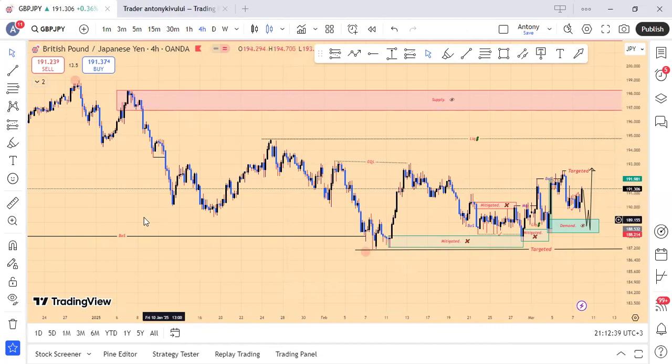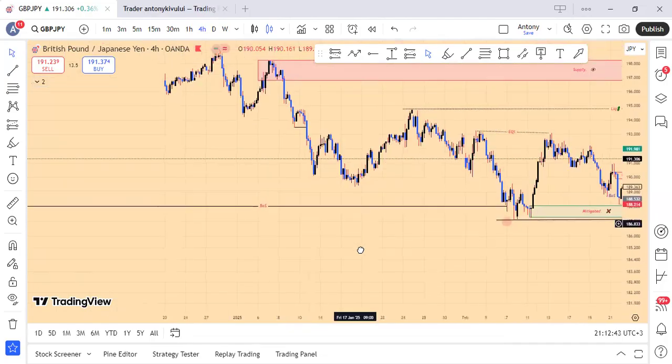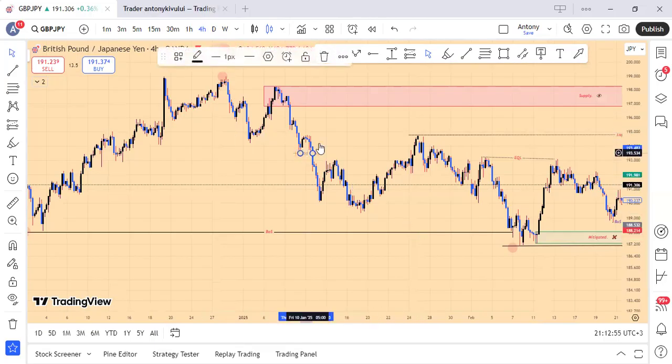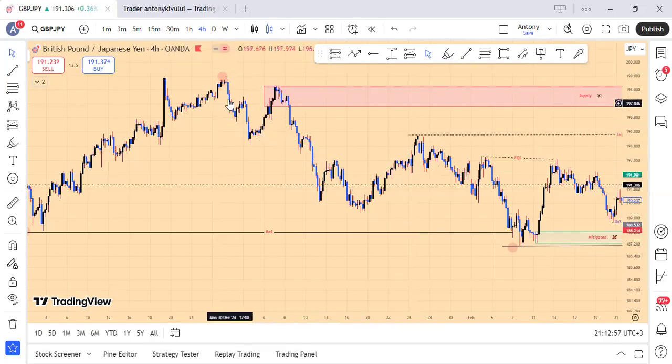In other words, this is what we call the fractal structure. We have the structure that is clear in the higher time frame, so when you go to the lower time frame, we get a fractal structure. It is the zoomed version of the higher time frame.